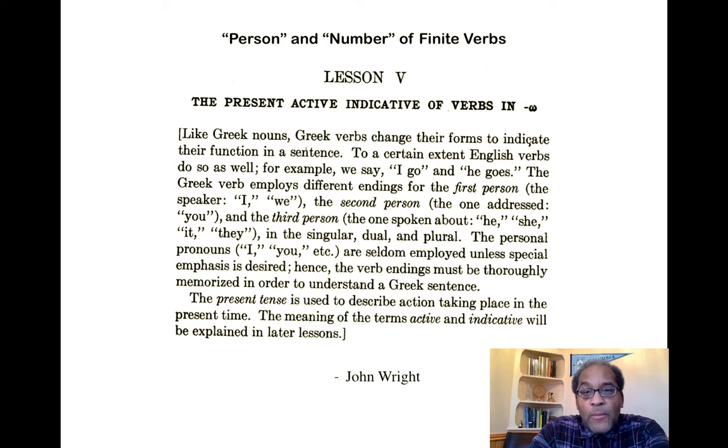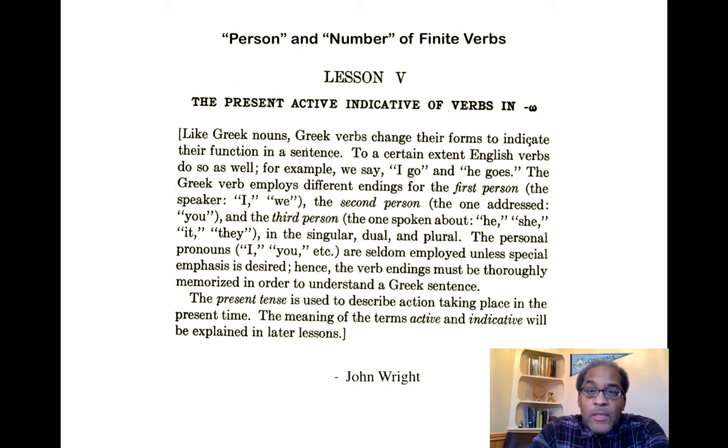The Greek verb employs different endings for the first person, the speaker, I, or in the plural, we; the second person, the one addressed, you, or in the plural, you all; and the third person, the person spoken about, he, she, it, or they. It has singular, dual, and plural.